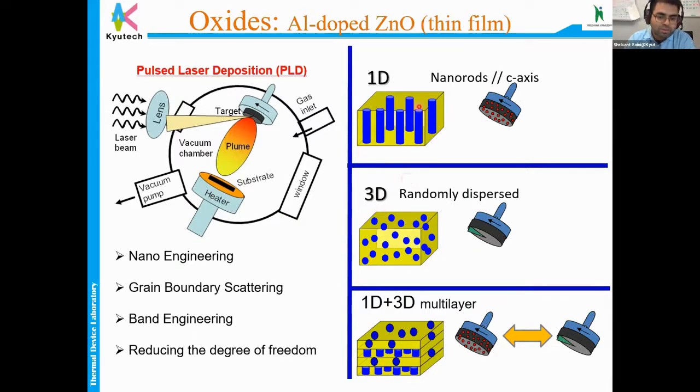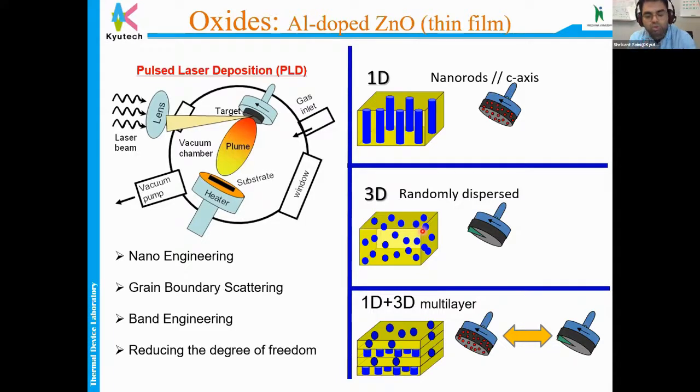This structure helps a lot in tuning the band engineering. I mean, you can incorporate two different bands together, and it also works as a phonon scattering center. That means you have lower thermal conductivity and a better Seebeck coefficient. This is particularly used for the oxide case, which is the high temperature application approach.